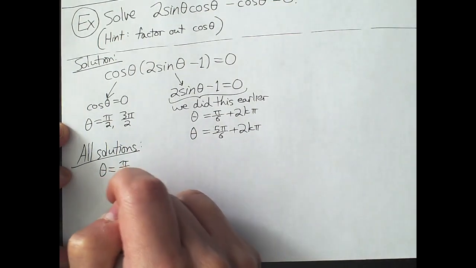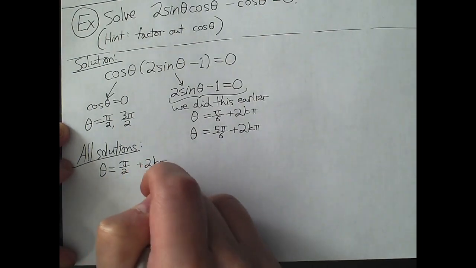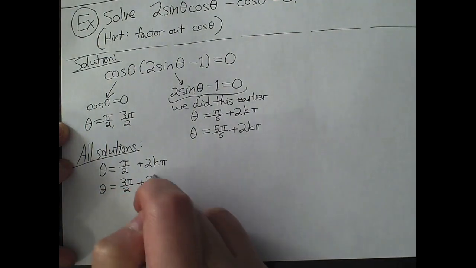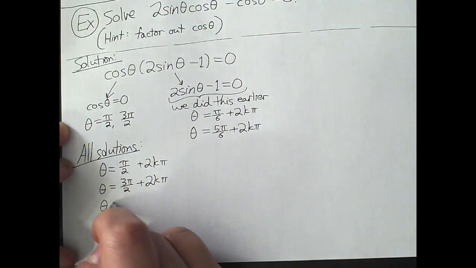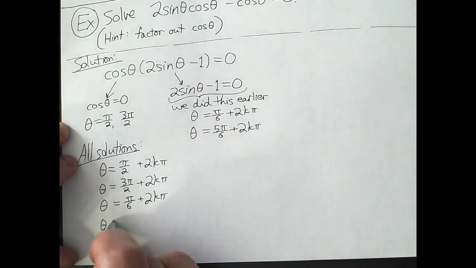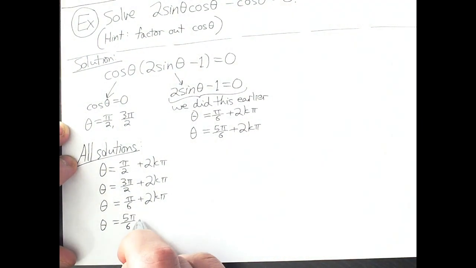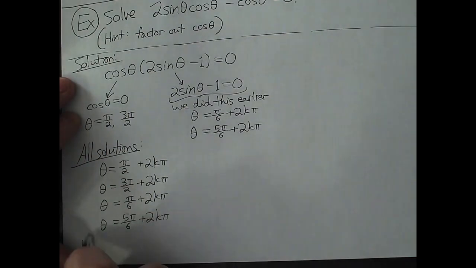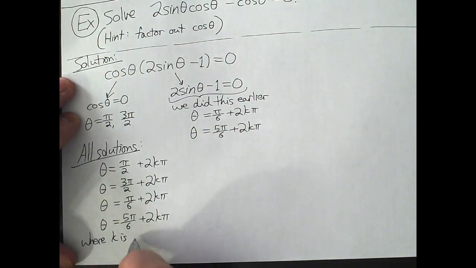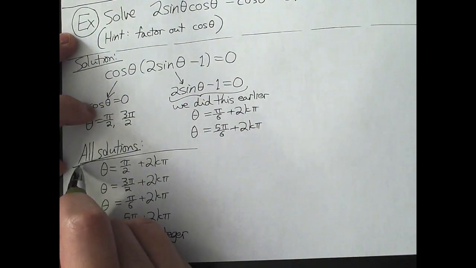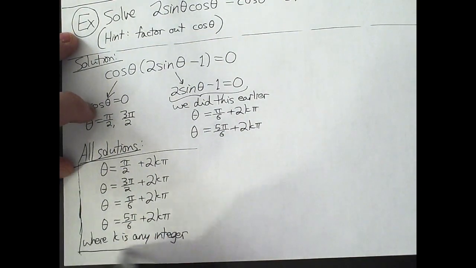So pi over 2 plus 2k pi, 3 pi over 2 plus 2k pi, pi over 6 plus 2k pi, 5 pi over 6 plus 2k pi, where k is any integer. There's another way that we could write this, actually. I think I'm going to put a box around this and say that this is okay the way we wrote it. But I do see a simplifying step we could do.